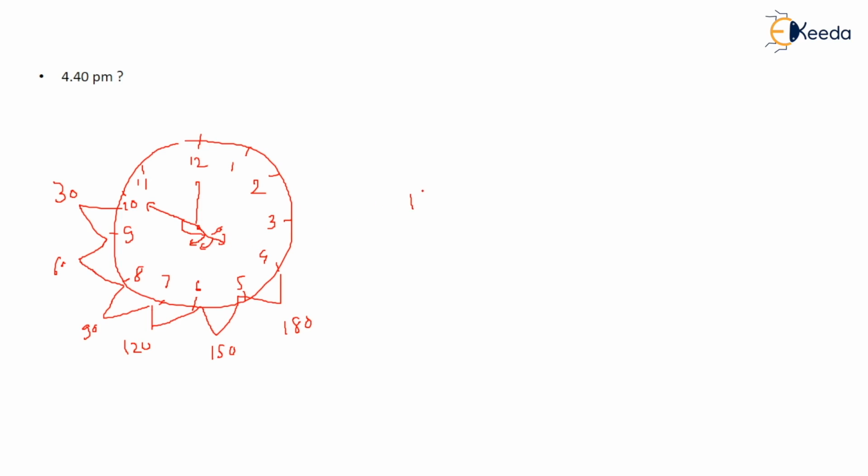You know that in 1 minute the hour hand moves half a degree, right? So in 40 minutes it will move what? 20 degrees. In this direction, so earlier it was 180, so 20 degrees will be reduced, right? Because it is moving in this direction. So how many degrees will it be? 160, right? Because you separate 20 degrees. So 160 will be the difference between them. Okay, so this is how you need to solve.